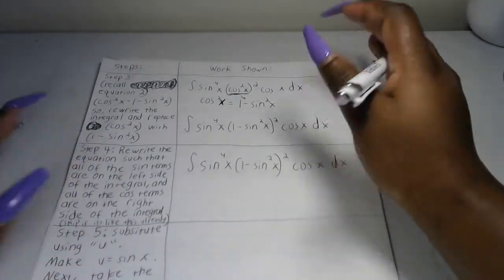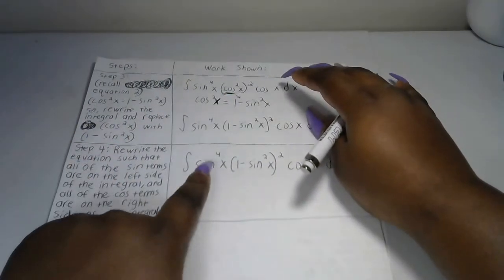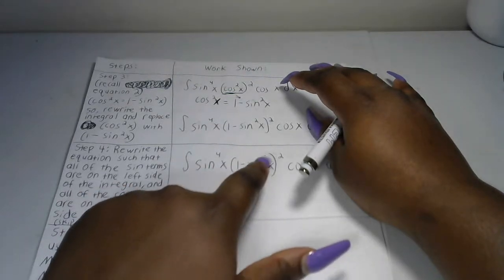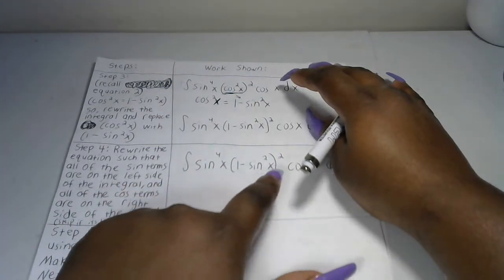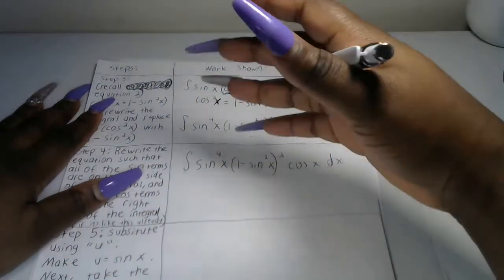It's like this already, because all of the sine terms, sine x to the 4th and 1 minus sine x squared to the 2nd, or you could also say squared.